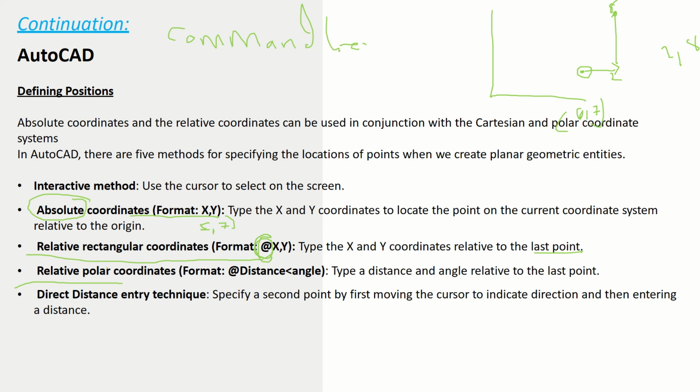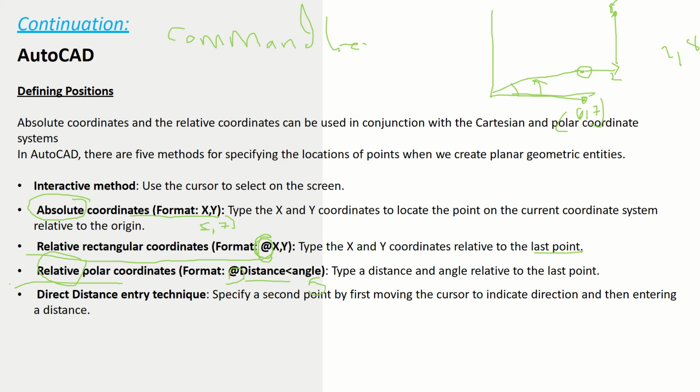So with the relative coordinates, you will always type in the at symbol. Remember, at represents relative, and then you'll type in your distance. In this case, the distance will be 5. They won't give you 7. They will just give you whatever this distance is, the angle is. You'll get 5 on the x-axis, and the angle needed here to take you to 7.